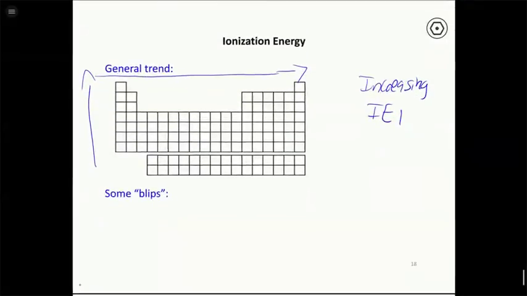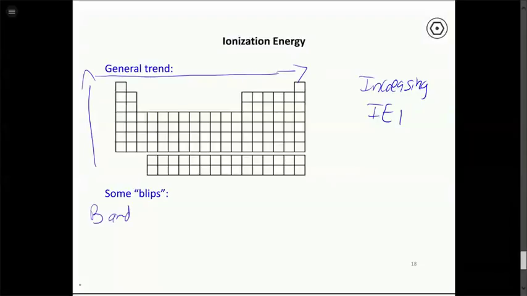Now there are some places where the ionization energy doesn't follow a smooth trend. So we have to be aware of some exceptions here. So if we go to boron and aluminum, which are here and here on the periodic table, these have abnormally low ionization energies.